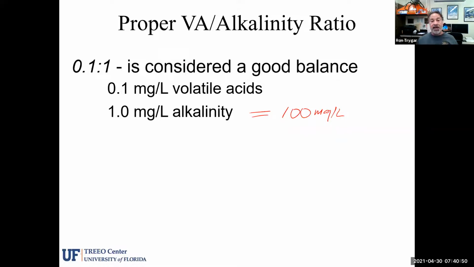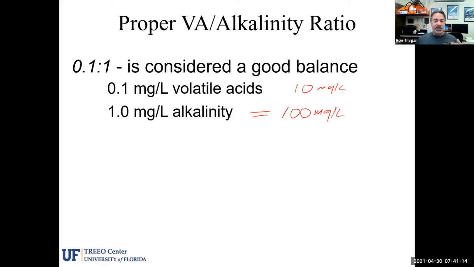Well, what is 1/10 of 100? So 1/10 of 100 is 10, right? So 10 milligrams. And just another example, if we had 100 milligrams of alkalinity, we would want no more than 10 milligrams of acid. If you came out of the laboratory and you said we had 10 milligrams of acid, I would say, great, I hope we have at least 100 milligrams of alkalinity.